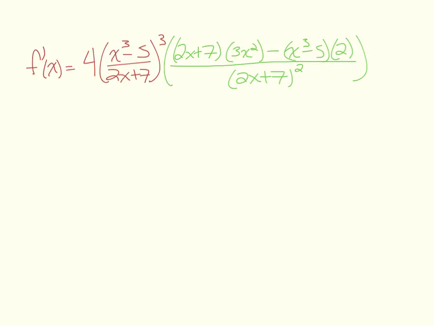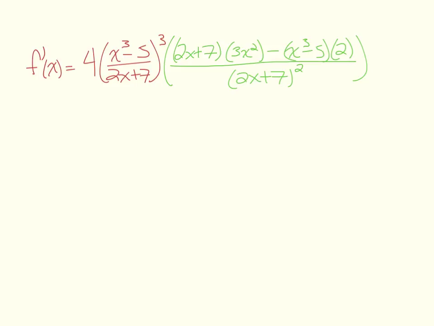From the previous slide, we have our derivative, but this derivative is far from simplified. Notice that we have 2x plus 7 in this red fraction, and we have some more 2x plus 7 in the green fraction.